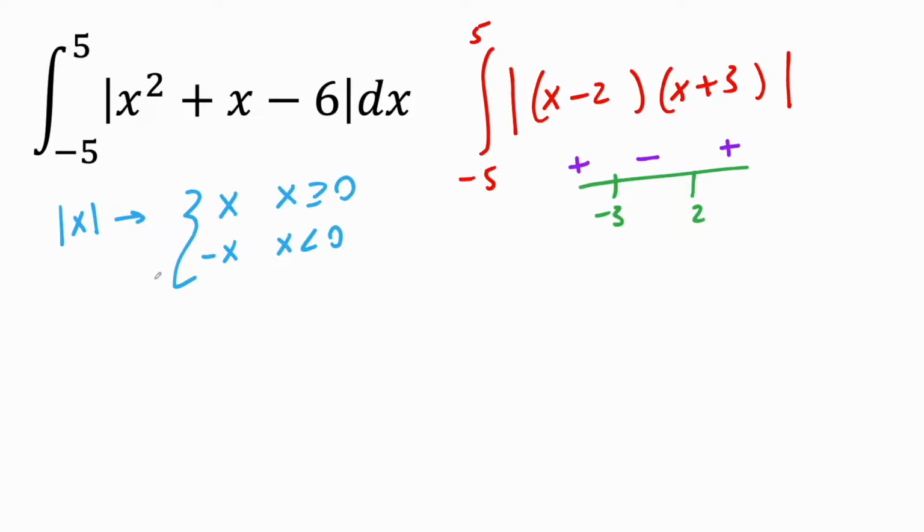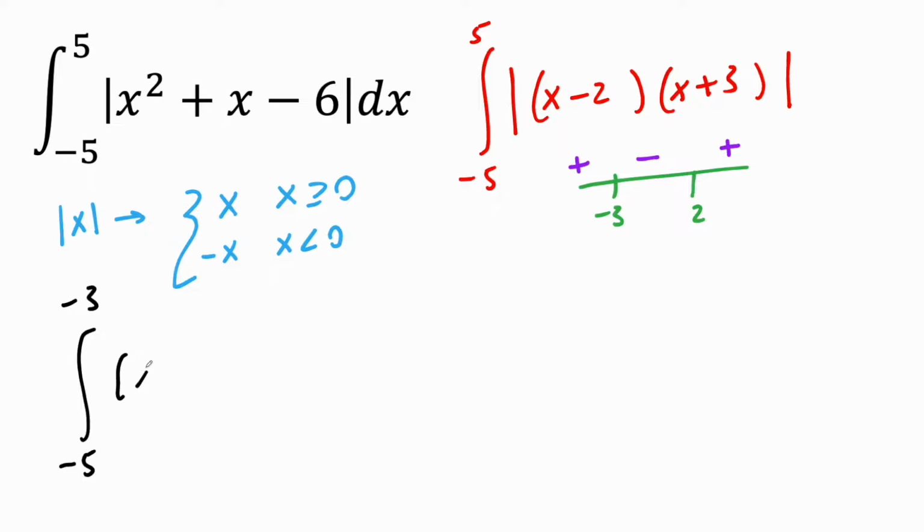With that, we're going to split up the integral. So, -5 to 5. Now, -5 to -3, it behaves positive. So I'm going to say -5 to -3. And it behaves positive, so I'm just going to keep what we have. We could keep it in this form, or we could keep it in this form. It honestly doesn't matter. I'm going to keep it in the original form.